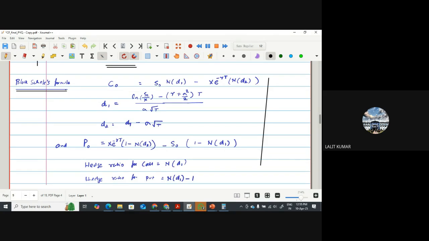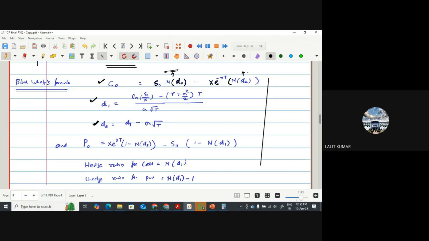As per the Black-Scholes formula, your call option price is equal to S0 into N(d1), where N(d1) is the normal distribution value for d1, minus X into e to the power minus RT into N(d2). This is also the normal distribution value of d2, and we calculate d1 and d2 as per the formula.